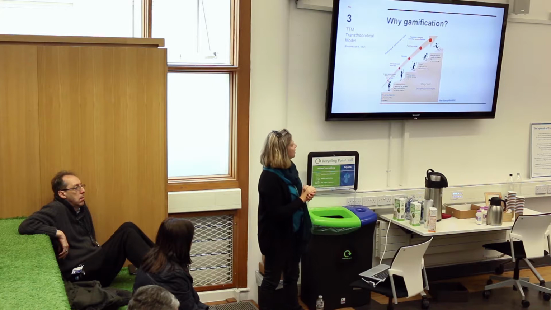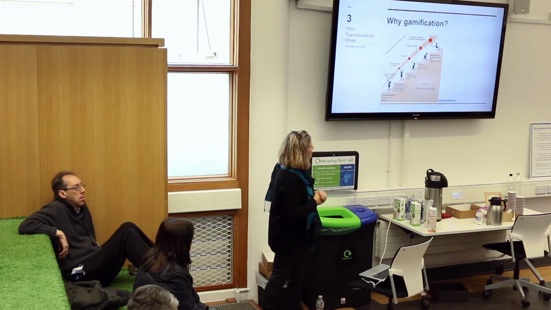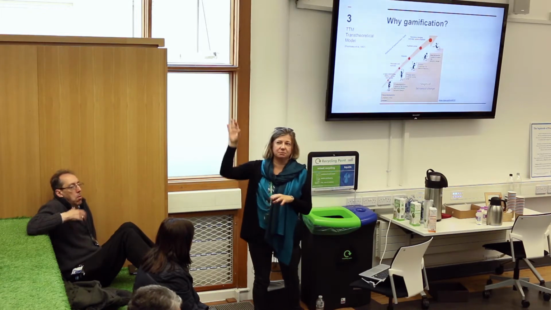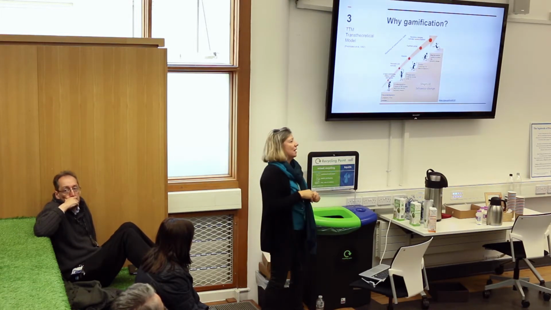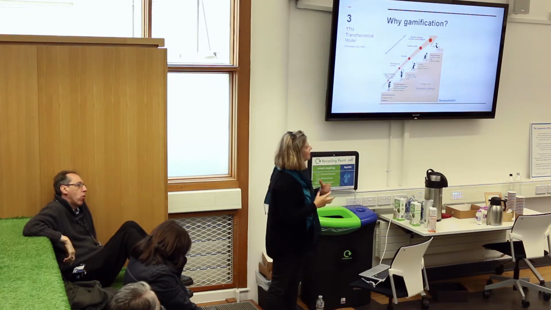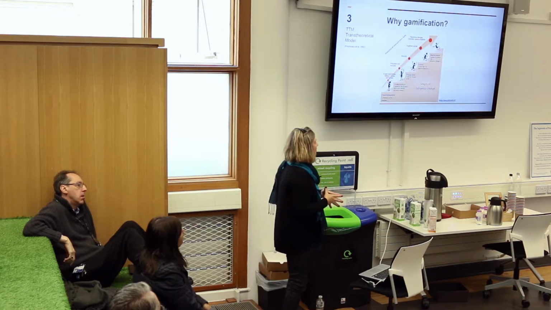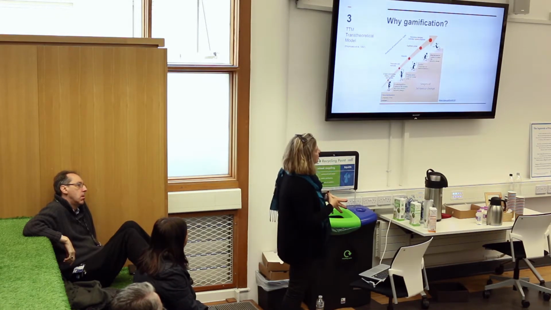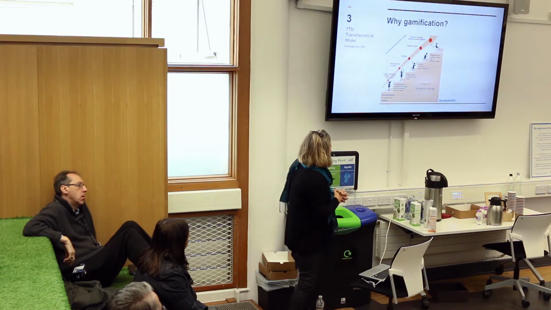In the contemplation stage, I'm aware of the problem, but I will change my behavior in 6 months, not now. In the preparation, yes, I'm going to change my behavior, but 1 month from now, not today. And the action, okay, I changed my behavior, I'm doing something. And the last one is to maintain the behavior, or otherwise we will have a relapse.